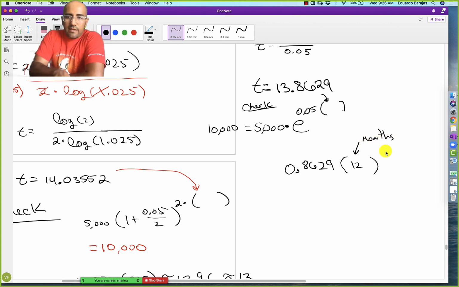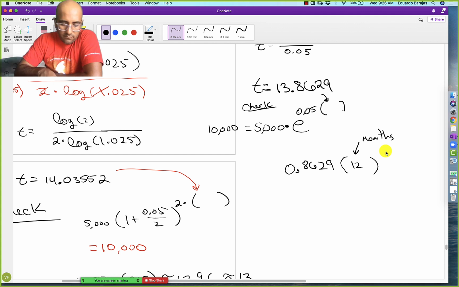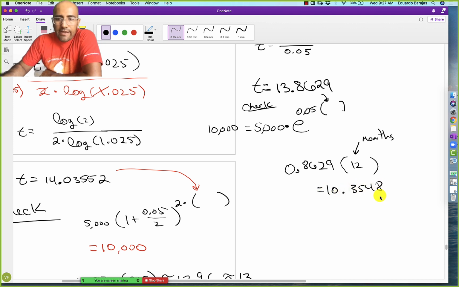When we do that, 0.8629 times 12 equals 10.3548 months. So 0.8629 years is equal to 10.3548 months.